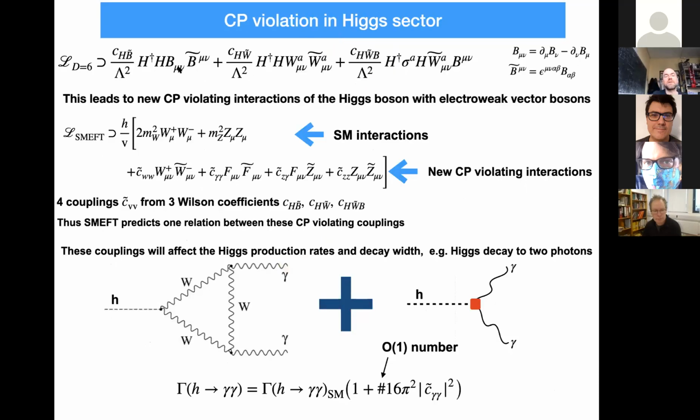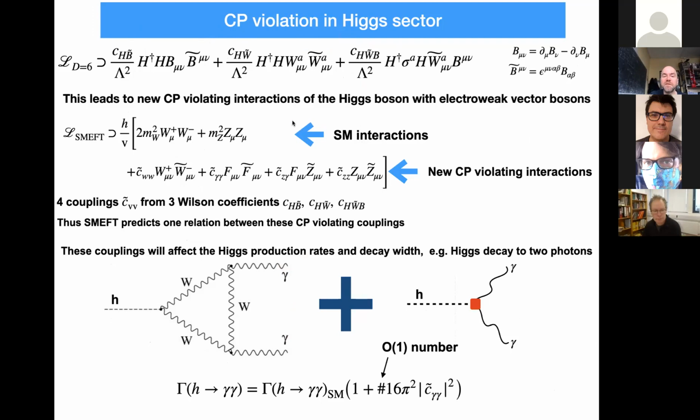So I focus only on operators with electroweak gauge bosons. We have again a Wilson coefficient. We have a scale suppressing the operator. We take these three different operators, and what they do is that they will affect the standard model interactions between the Higgs boson and the electroweak gauge bosons.